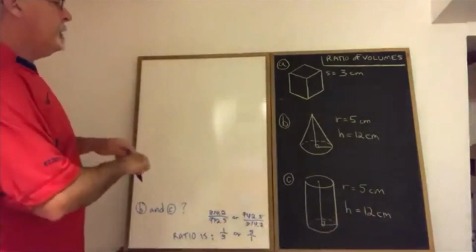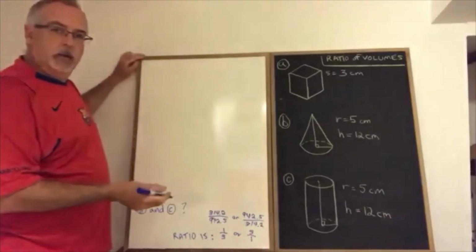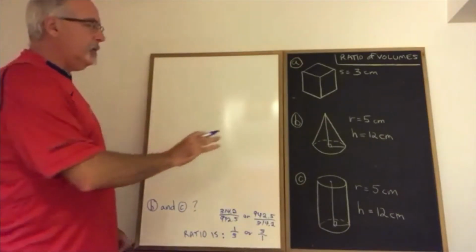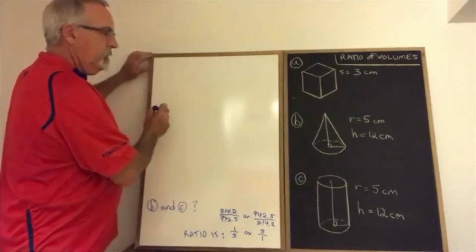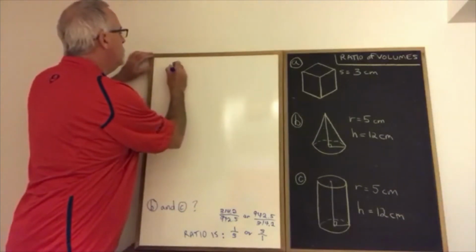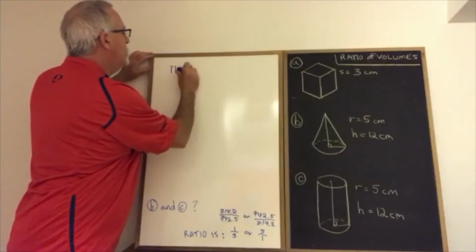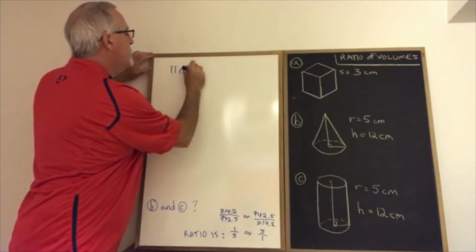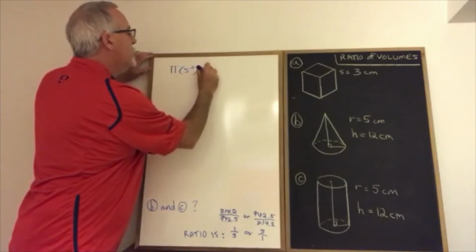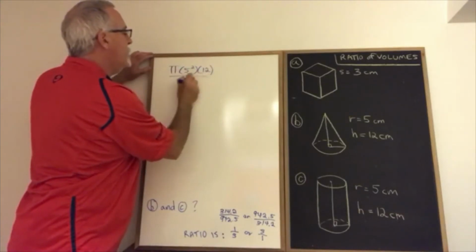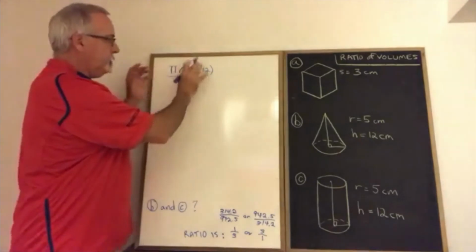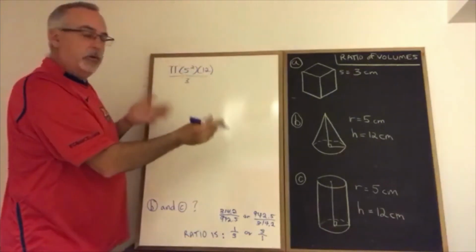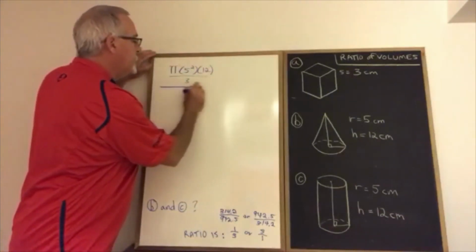And now, let's look at the volume formula with the values plugged in but not simplified. So the volume of the cone is pi 5 squared 12 over 3. And in a ratio, we put one of the numbers, which would be this volume, in the numerator, and then we put another number in the denominator.